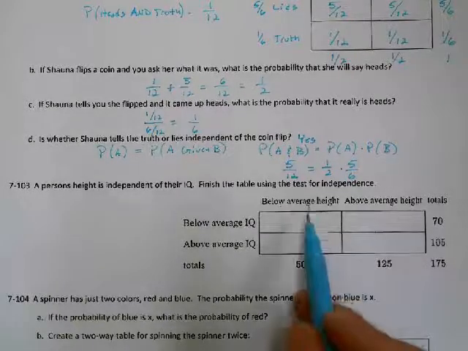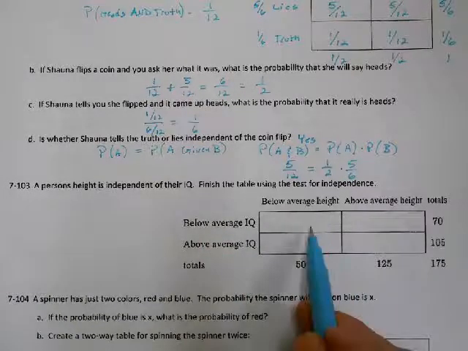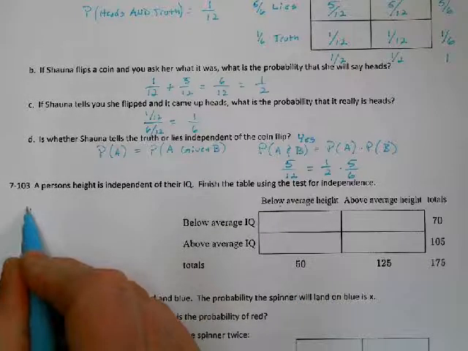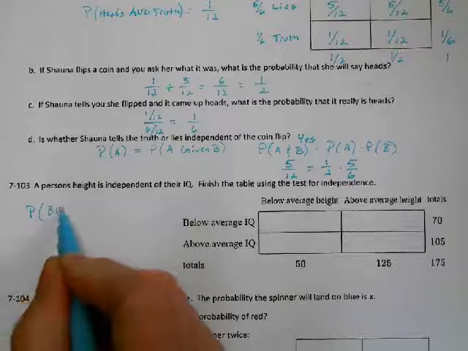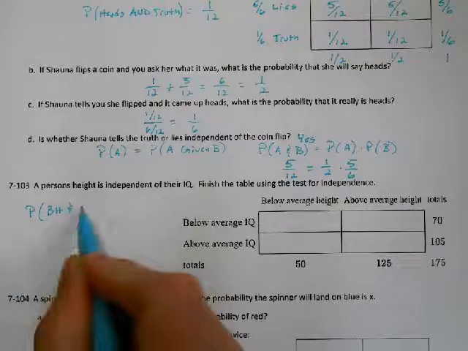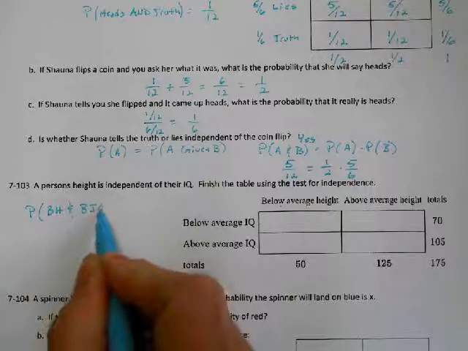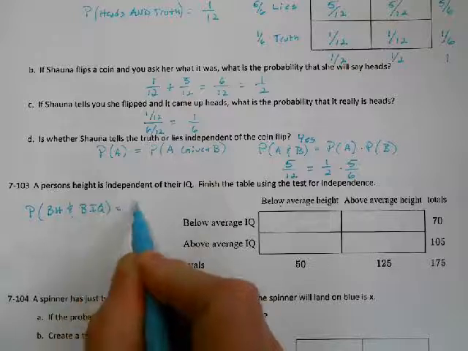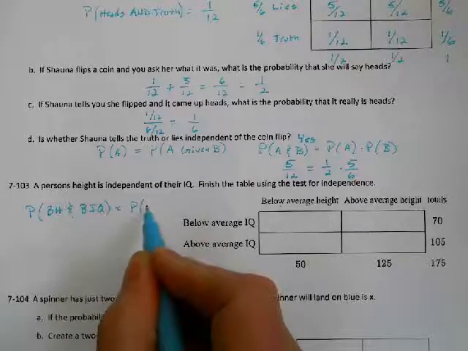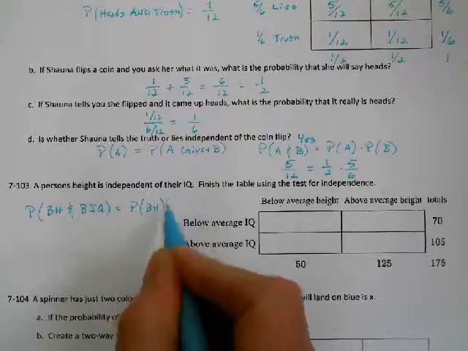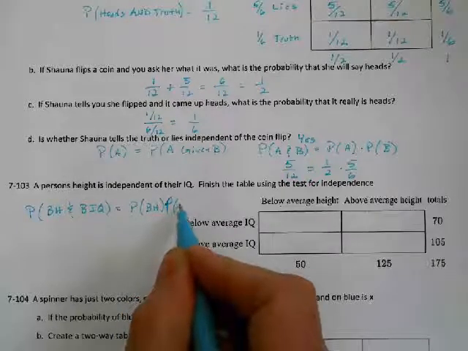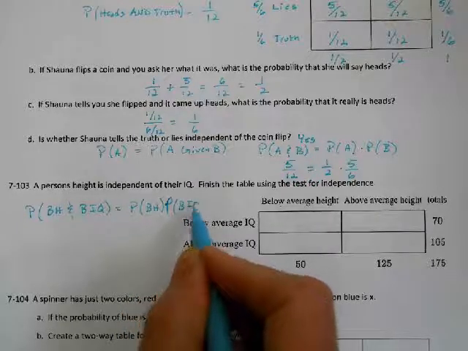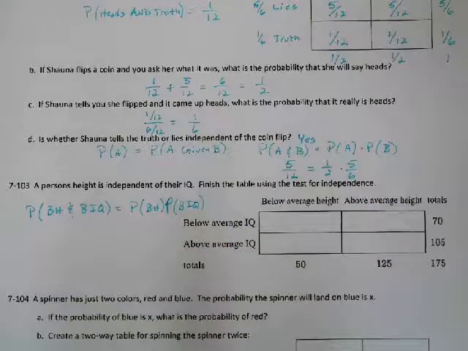So if you have below average height and below average IQ, the probability of below height and below IQ should equal the probability of below height times the probability of below IQ. So I'm using the same test for independence.